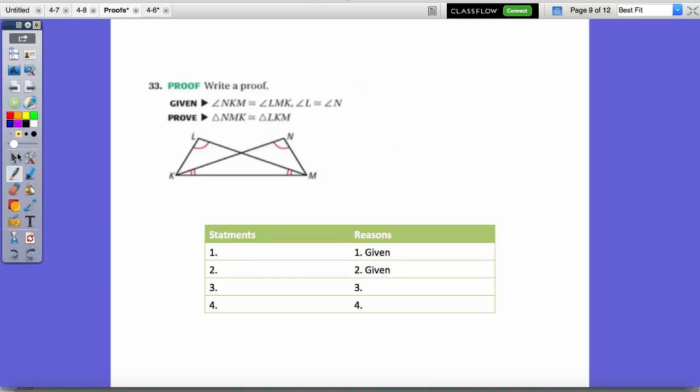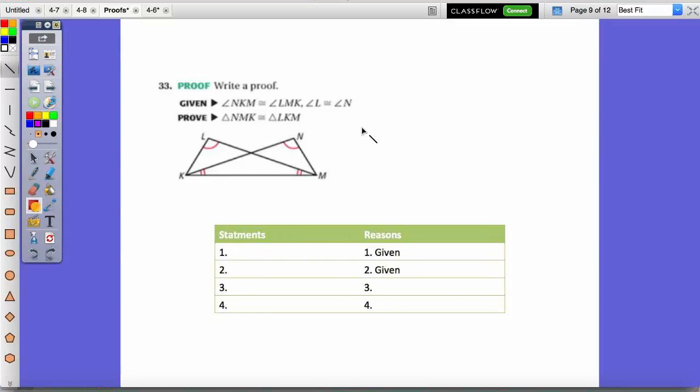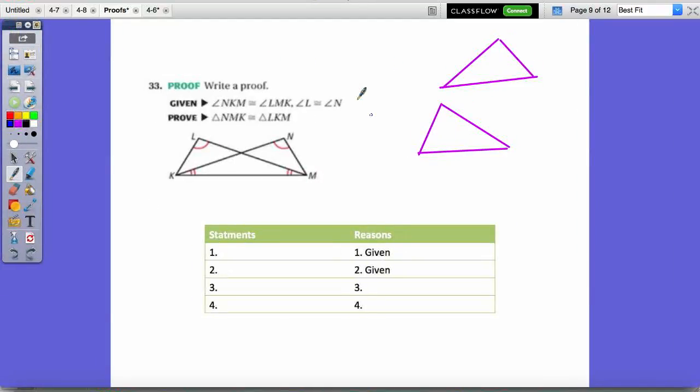Number 33. We're going to prove NMK congruent to LKM.